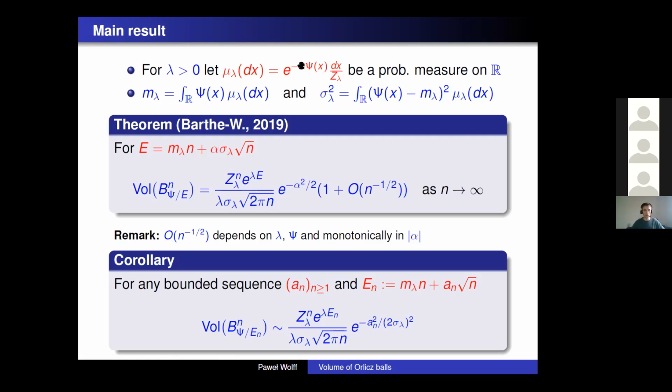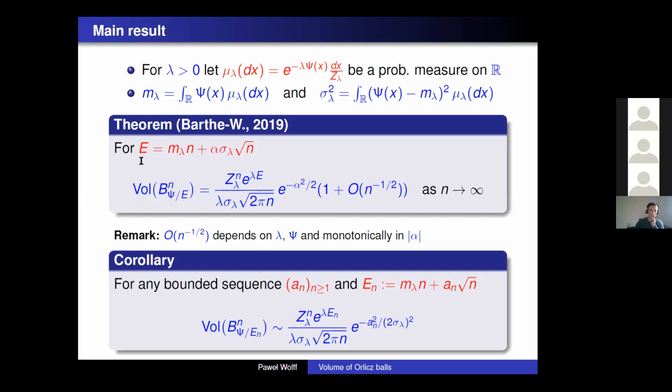So it's just an integral of this exponential function on R. Then let's take the mean of the function psi with respect to this measure and the variance of the same function. Okay, having such a measure and two of its basic characteristics, we have all the quantities that will actually play in the formula.